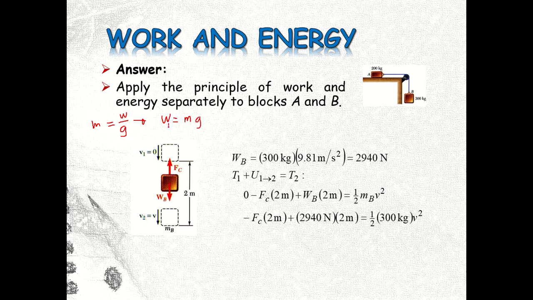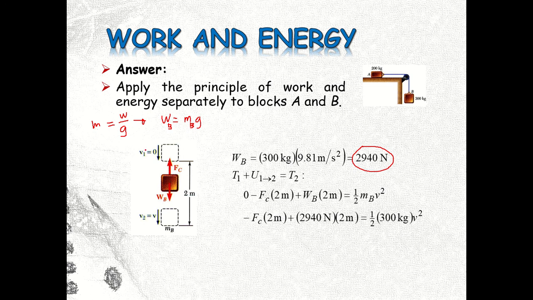So we have the weight of block B equal to the mass of block B multiplied by the gravitational acceleration. The mass of block B is 300 kilograms, and the gravitational acceleration is 9.81 meters per second squared. So we got 2,940 Newton. Again, from the standard equation, T1 plus work from 1 to 2 equals T2.